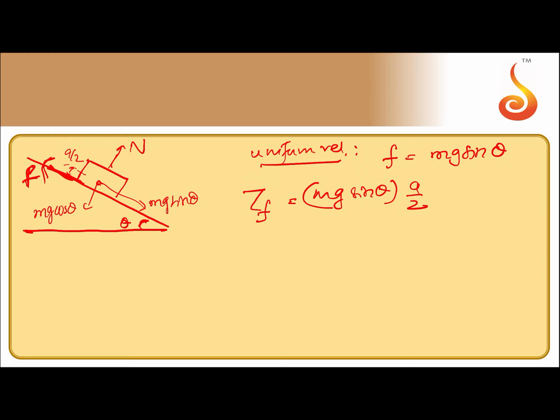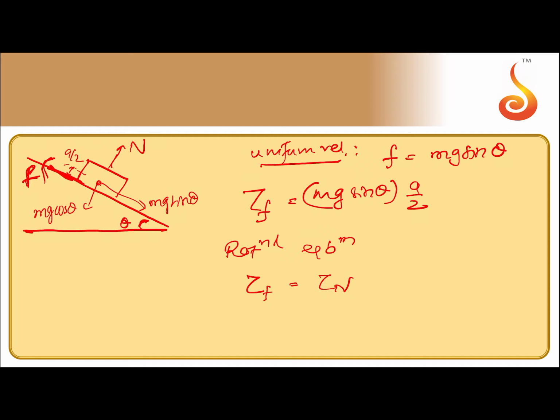Now, as the block is not rotating, as it is in rotational equilibrium, torque due to the force of friction and torque due to the normal reaction must be equal, because only then they can produce equilibrium.